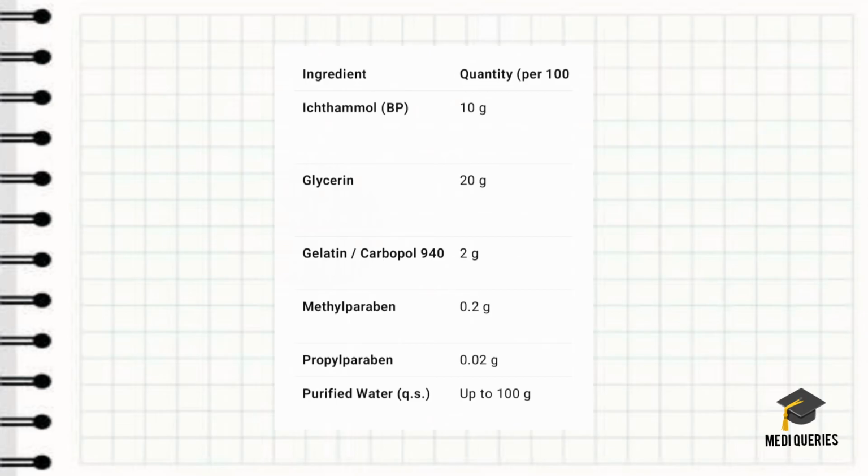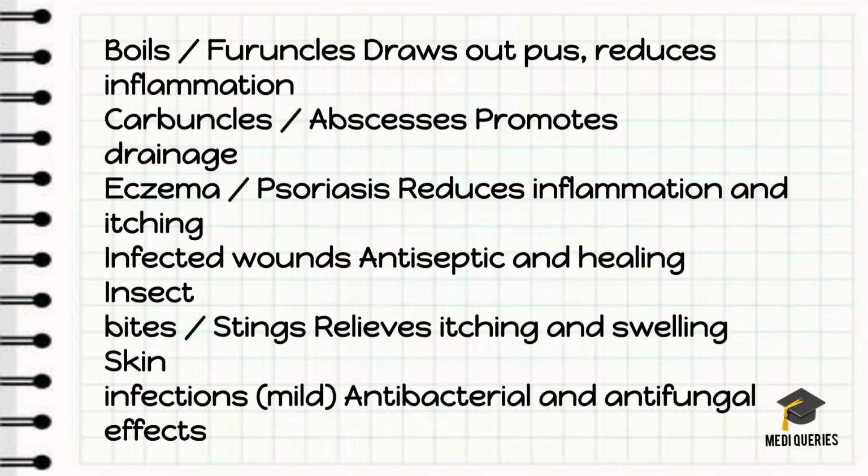And let us see the clinical uses and indications. Ecthamol jelly is used in a variety of dermatological and surgical conditions. One of the most common uses is for the treatment of boils and abscesses, where it helps to draw out pus and reduces the swelling.